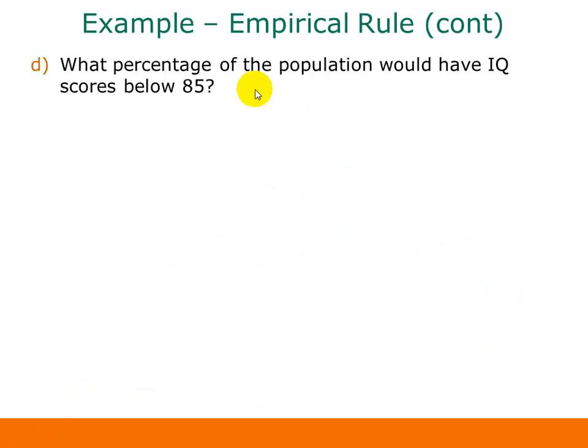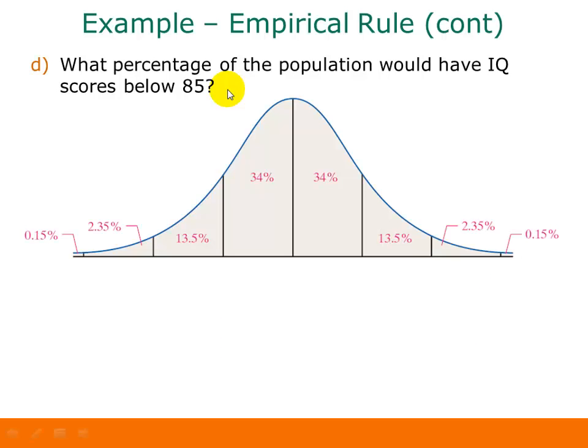Now, what percentage of the population would have IQ scores below 85? Again, we're going to take our picture and we want to locate 85 in this picture. Our mean again is 100, so that's right there in the middle. If we subtract 1 standard deviation from that, that's going to give us 85.